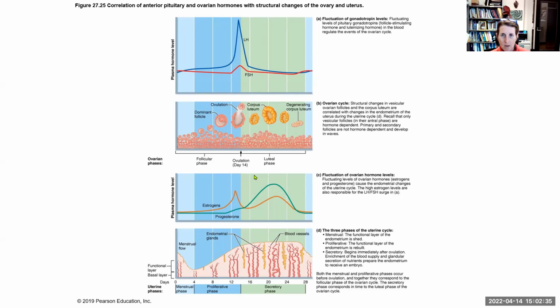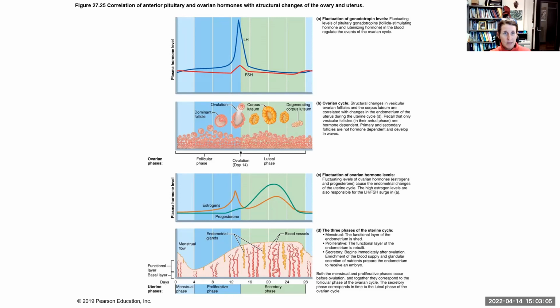Okay. So while all those cycles are going around in the ovary, we also have the uterine cycle. The uterine cycle starts at the same time as the beginning of primary oocyte development. So when the primary oocytes are just starting to re-enter meiosis, that's when the menstrual flow is happening.